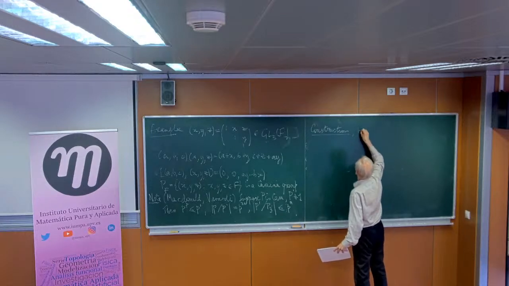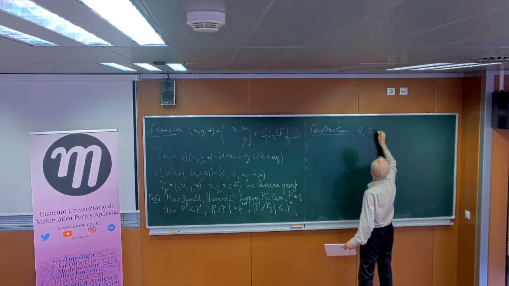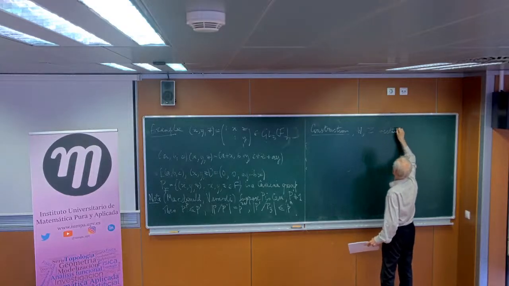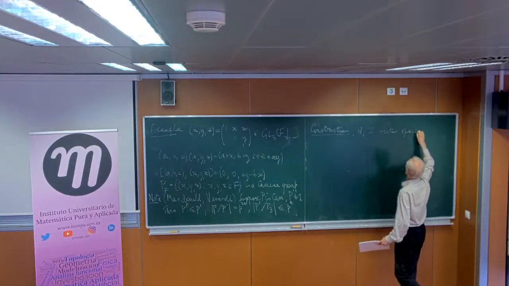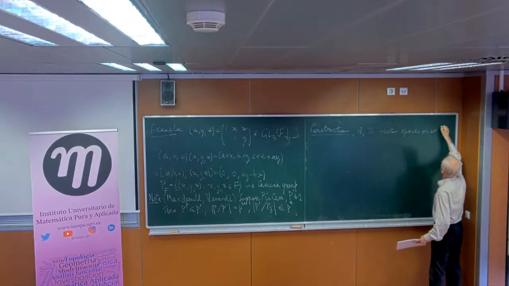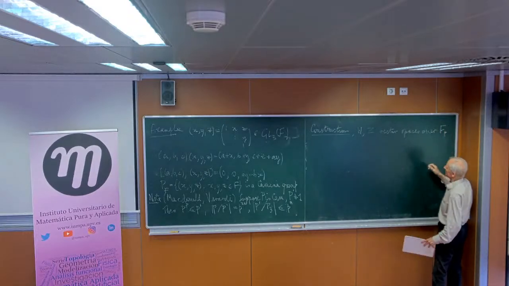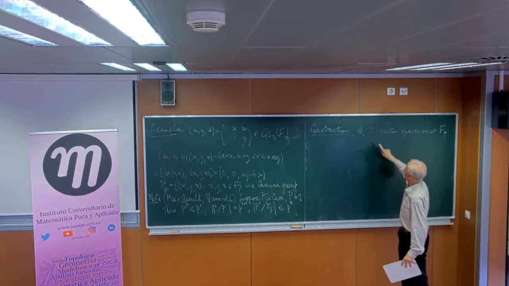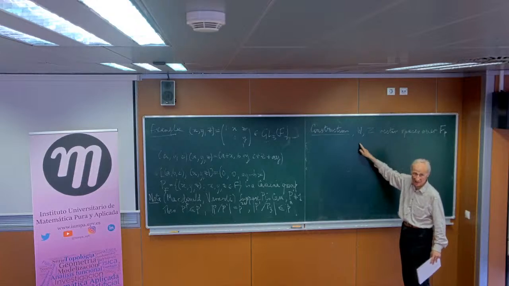Both W and Z are vector spaces over the field of order p. And W is going to be the P over P dashed, and Z is going to be the P dashed.